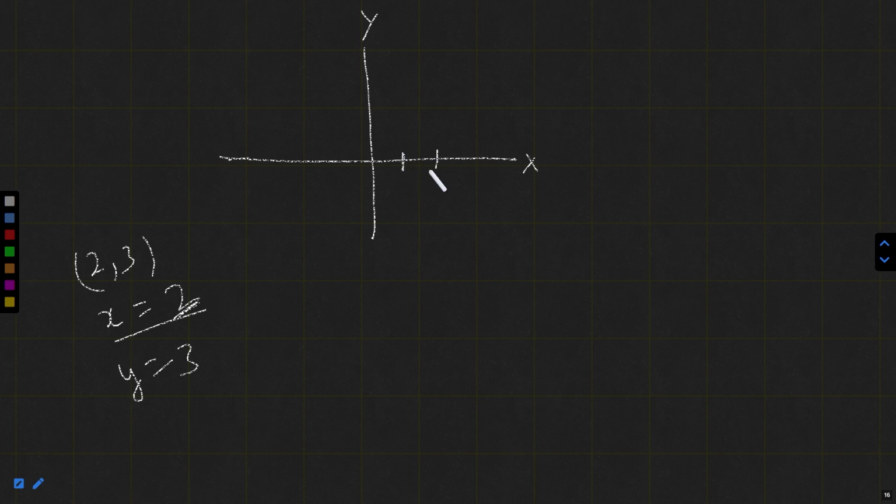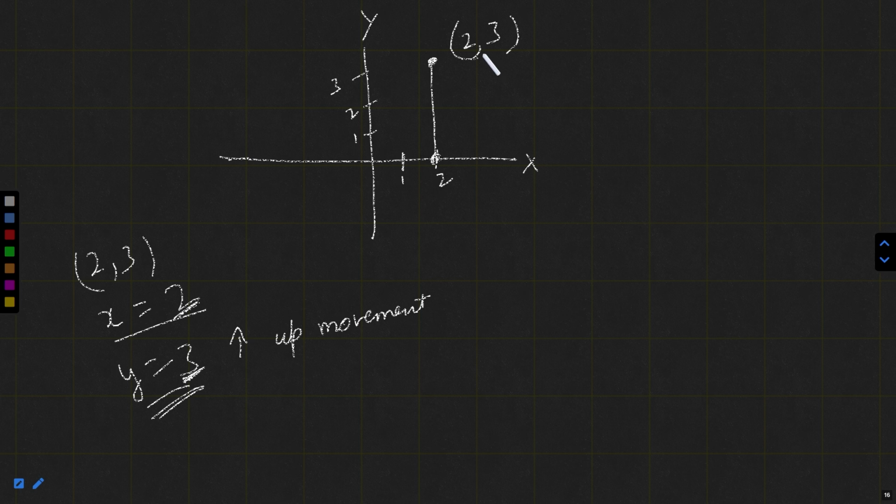So 1, 2. I am here now. Now I have to move. I know y is positive, and y positive means upward movement. So I am at 2, now I have to move upward 3 points. 1, 2, 3. So this point I call 2 comma 3.